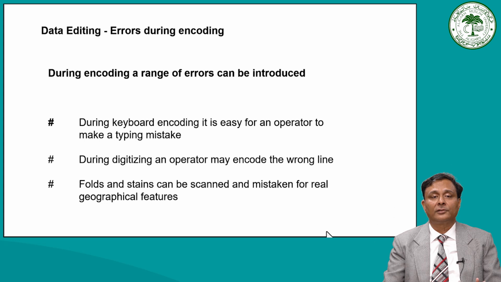Then during encoding also some errors may come. For example, if we are using keyboard encoding, it is very easy for the operator to make a typing mistake, so you need to be very cautious about it. Or while we are digitizing, either online or in tablet mode, if we are not very careful, then a wrong line, wrong point or wrong polygon is digitized.